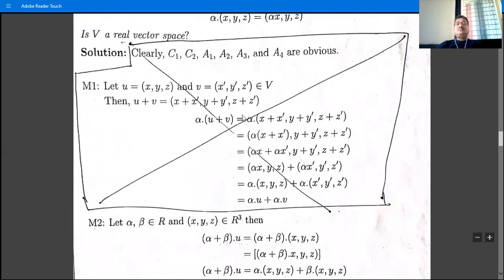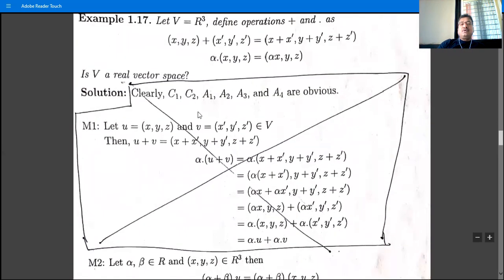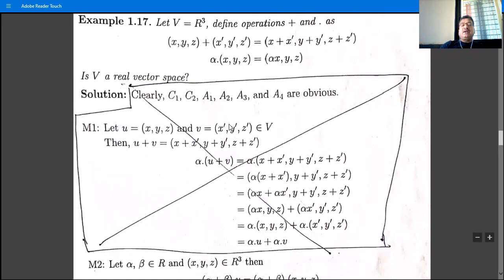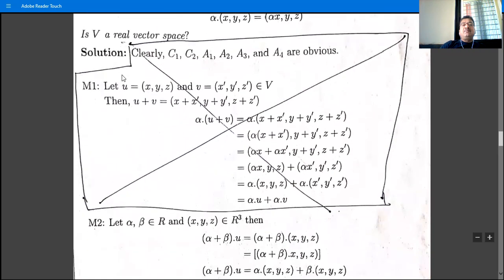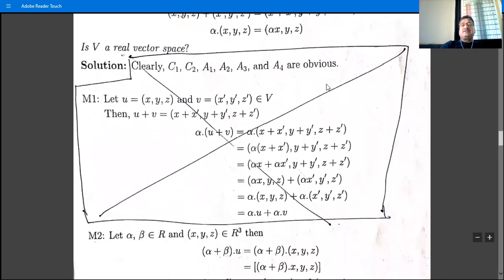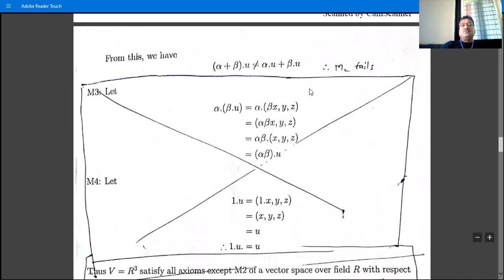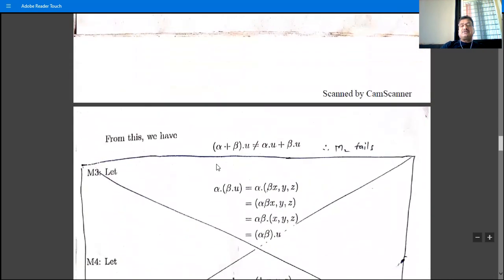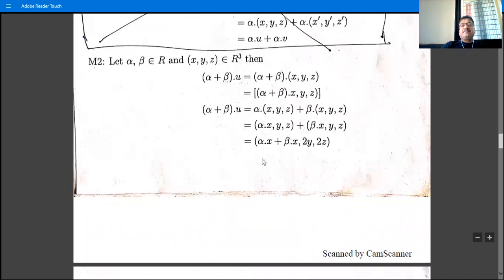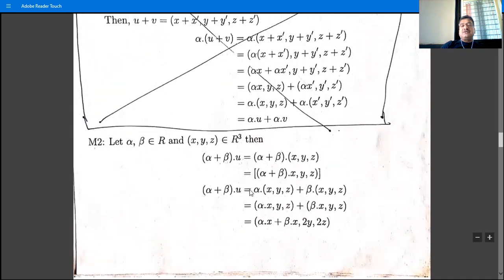So how can we write the proof? Don't write the properties which are satisfied for the set. Only write the property that fails for that set. So what is the property? This property fails for this set: (alpha plus beta) u bar is not equal to alpha u bar plus beta u bar. M2 fails for this set. So how can we show M2 fails for this set? We can show it by using a counter example.